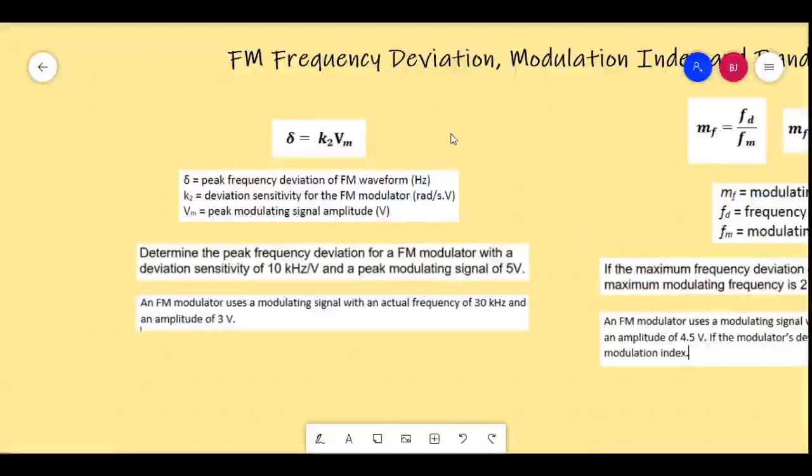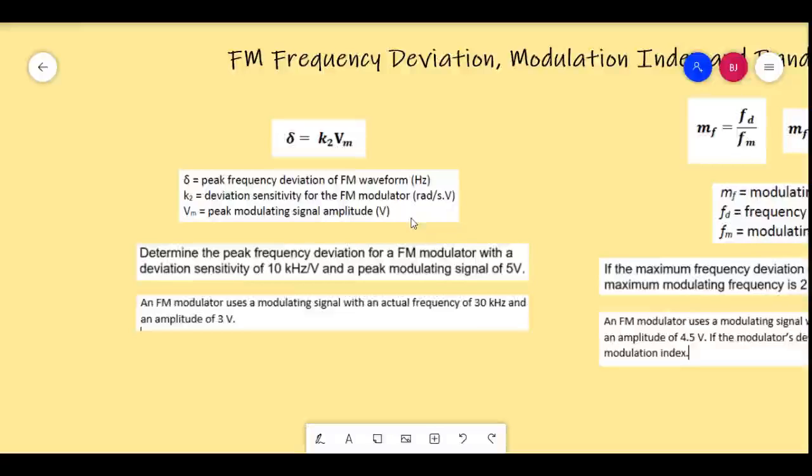There are cases where frequency deviation is not given in a problem, but it is a function of the deviation sensitivity of the FM modulator, given in rads per second per volt, and the peak modulating signal amplitude.